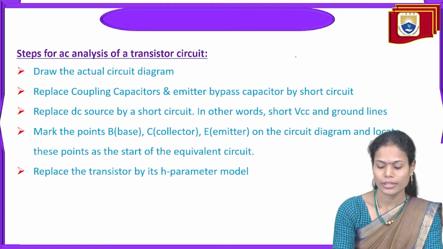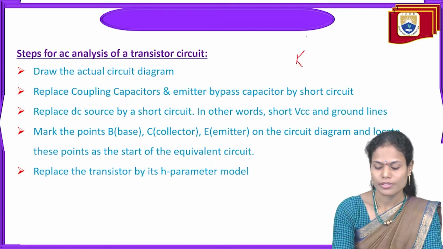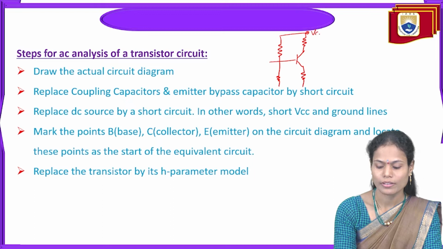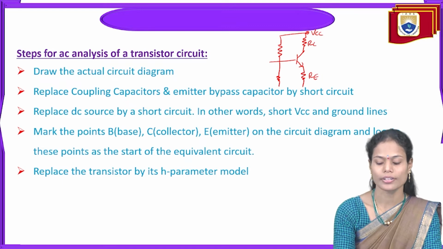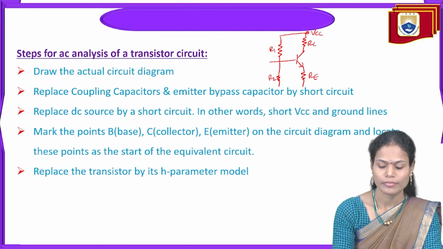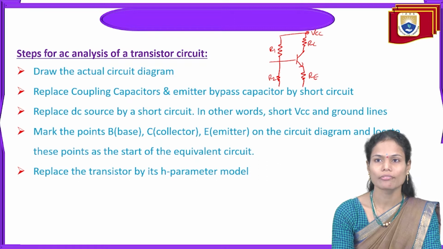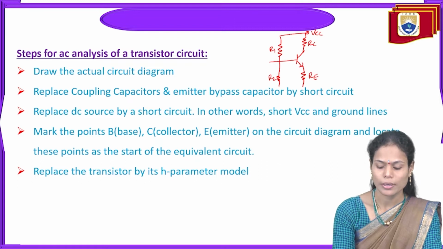So for example, I am taking the common emitter circuit here with the voltage divider biasing. We are providing the supply voltage VCC and RC and the emitter resistance RE, and the potential divider network R1, R2 used to provide the biasing for the circuit.